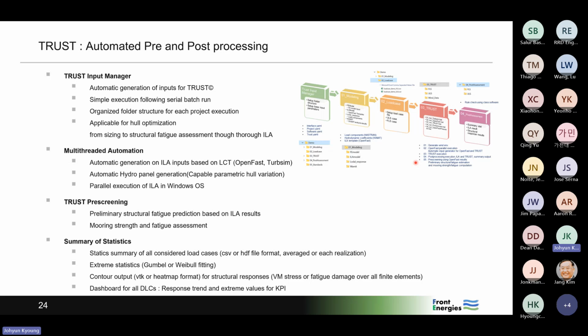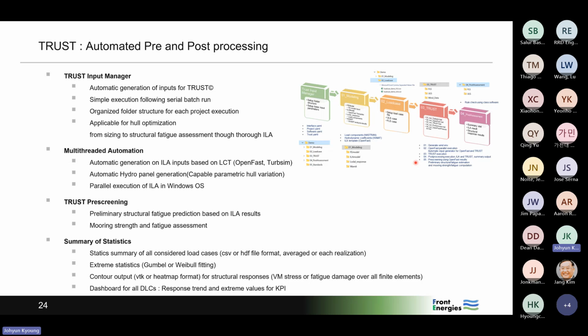So the TRUST packages provide this statistics summary table in CSV file format or HDF file format. Sometimes a DLC has random seed variation for the same DLC. In these cases, we provide each realization's statistics and also a summarized, Weibull-fitted or comparison-fitted extreme statistics.